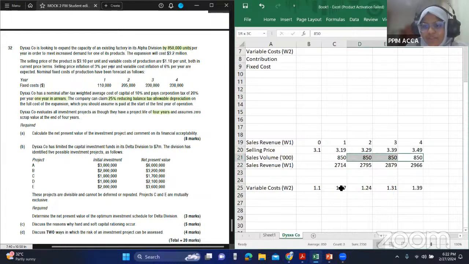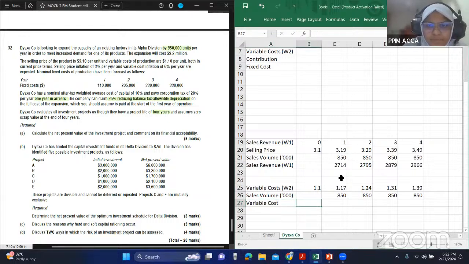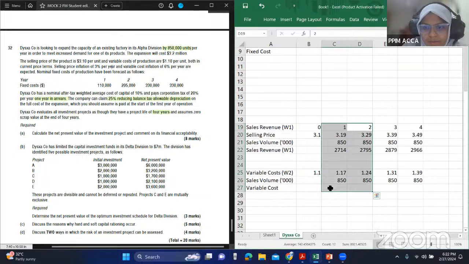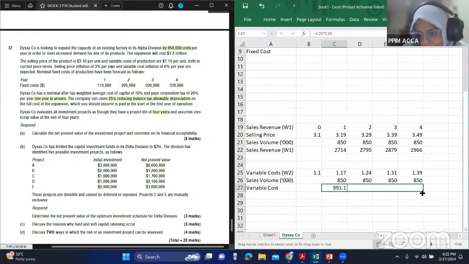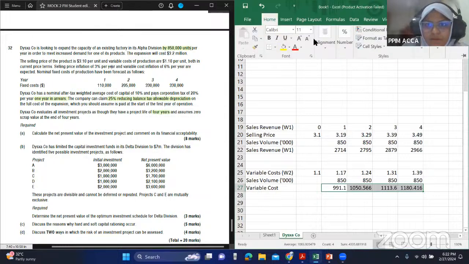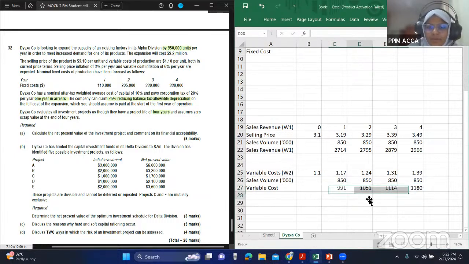Now again, the variable cost also, if you multiply it with the sales volume, you should be able to get the total variable cost. So we can call this the variable cost. Sorry. So this one into 850. Again, let's make it a whole number. Okay. So there we go.